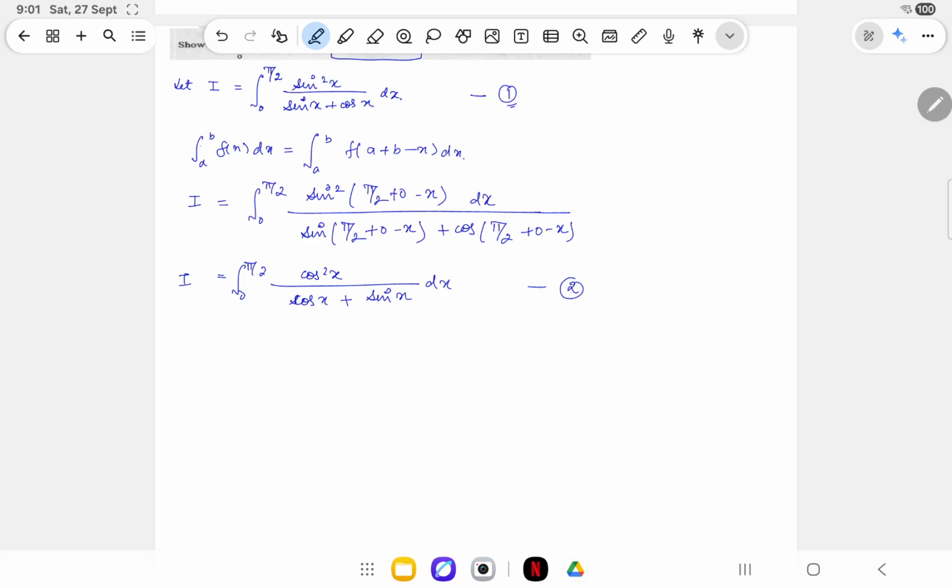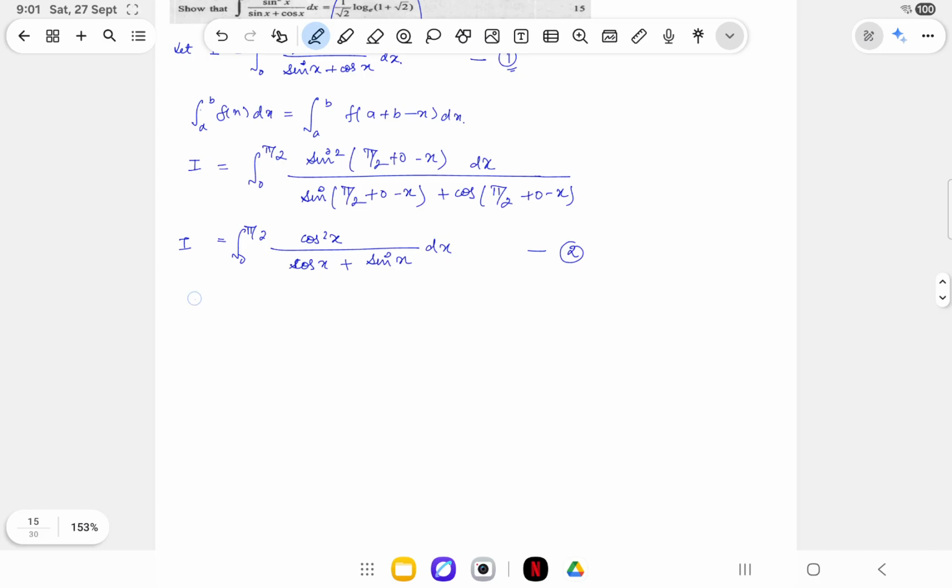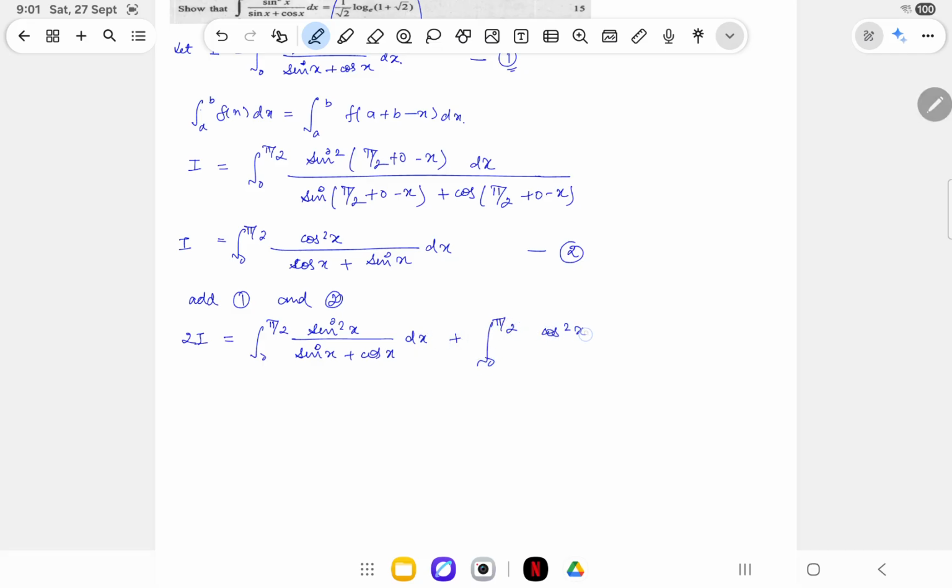Now if I just add equation 1 and equation 2, I'll get 2I equal to the integral from 0 to π/2 of sin²x divided by sin x + cos x dx, plus the integral from 0 to π/2 of cos²x divided by cos x + sin x dx.